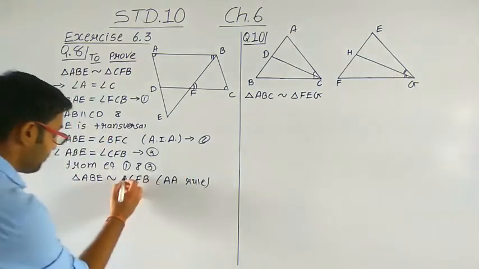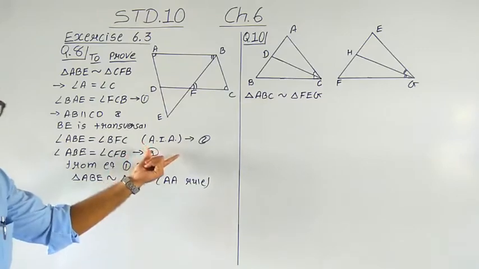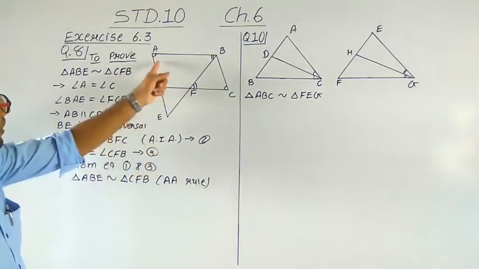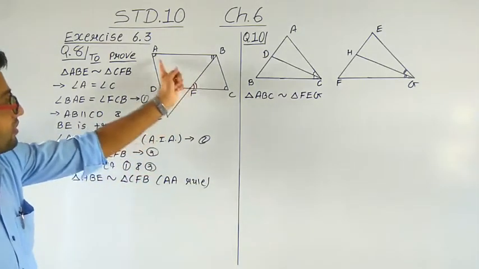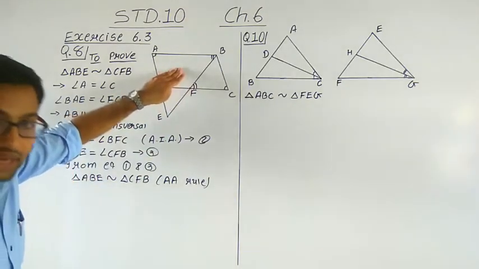So this is how we can prove the two triangles similar using the alternate interior angle property and the opposite angles of a parallelogram. The main thing is to draw the diagram.